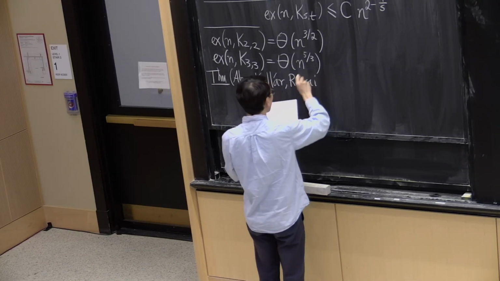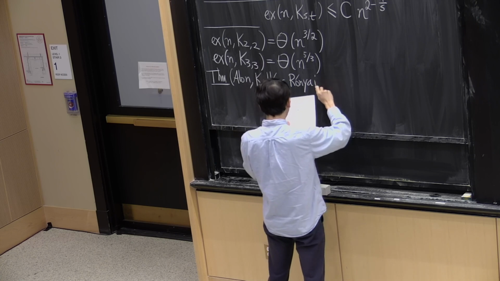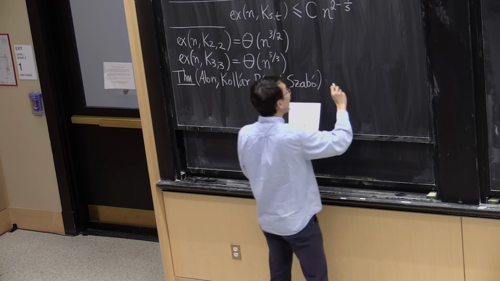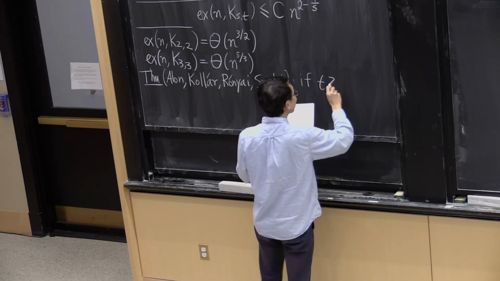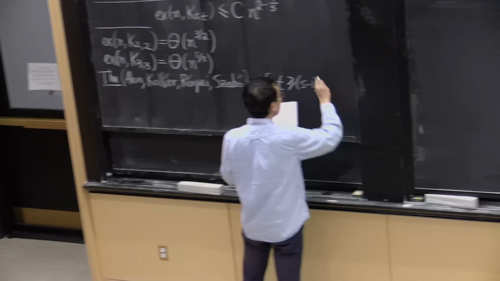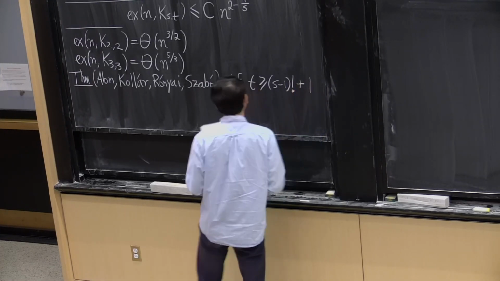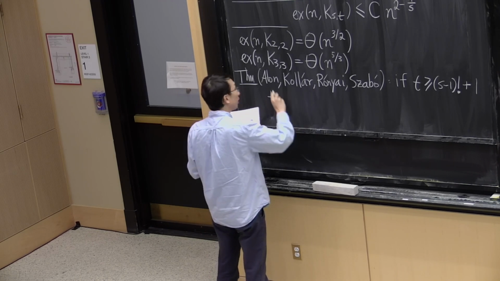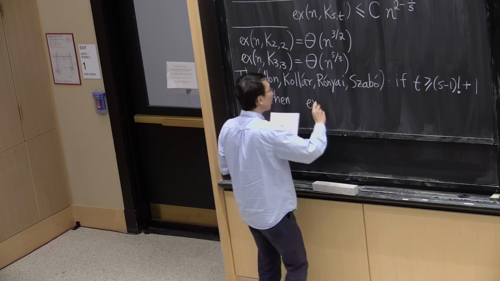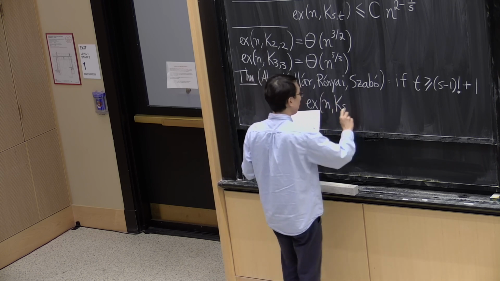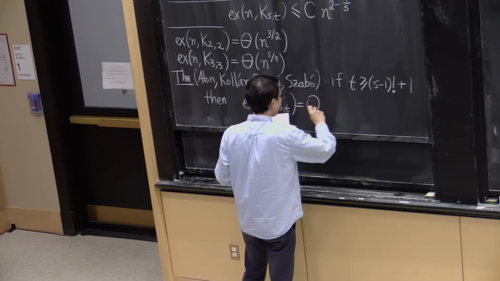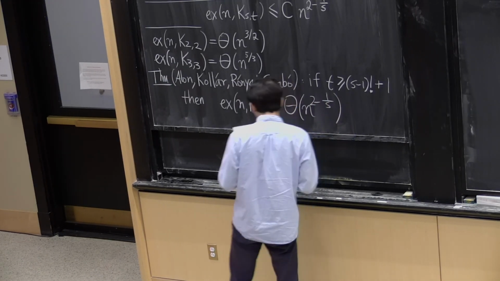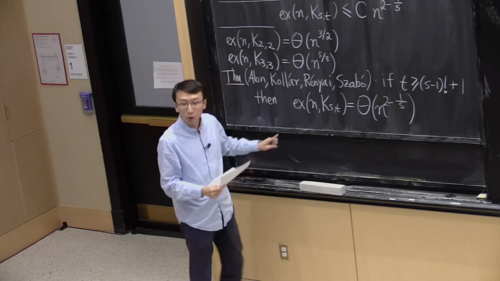In a series of two papers by Alon, Kollár, Rónyai, and Szabó, it is shown that if the constants t and s are such that t is large enough compared to s, particularly t is bigger than (s-1) factorial, then the extremal number for K_{s,t} is of the same order as given in the upper bound of the Kővári-Sós-Turán theorem.